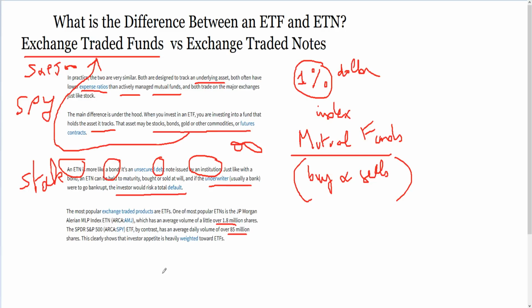So this is the difference between ETF and ETN. As I told you, an ETF just tracks an index or a commodity or a bond or gold, and it will never disappear. It trades in the market like a stock. It's not a big deal.